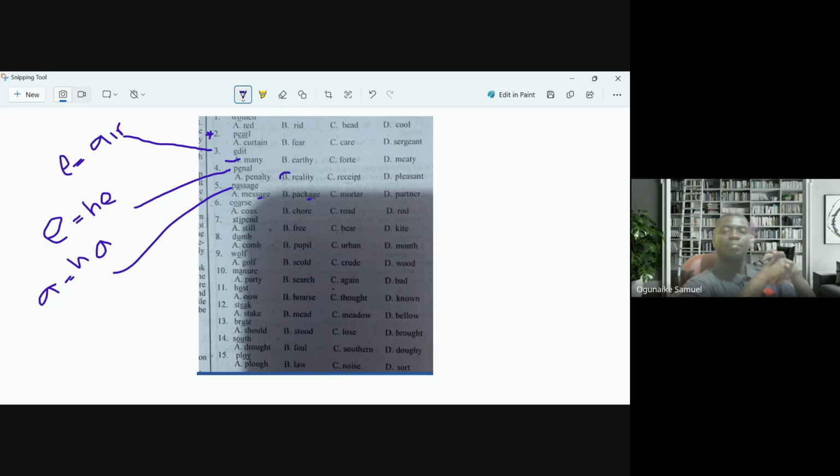More to "partner". So the answer now is "partner", because that D sounds differently from every other one. Then you have "cause". Cause. You see, this one now is pronounced like the Coke they drink.